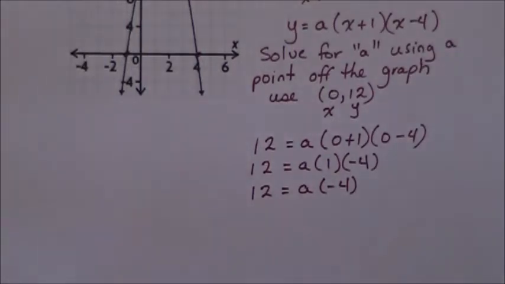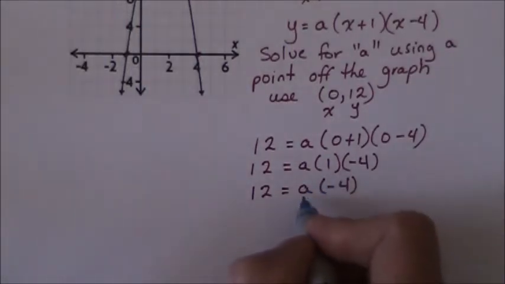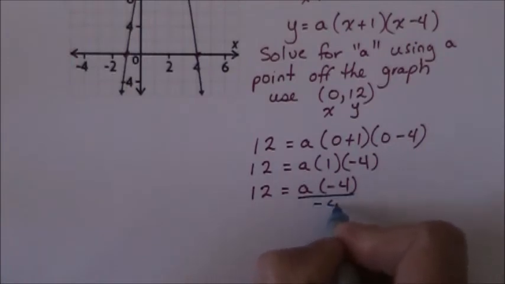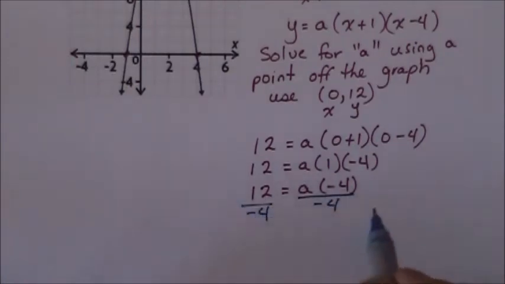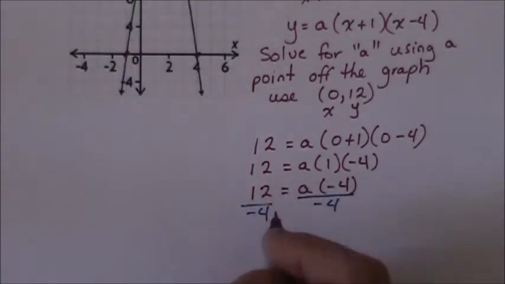So we need to move that -4 to the other side. We are multiplying, so we are going to divide both sides by -4. And when we do that, we get -3 is equal to a.